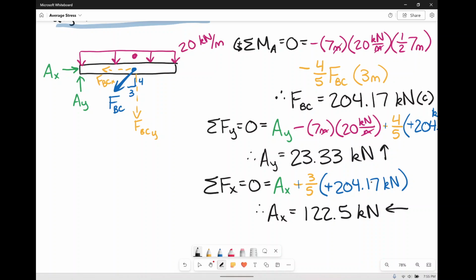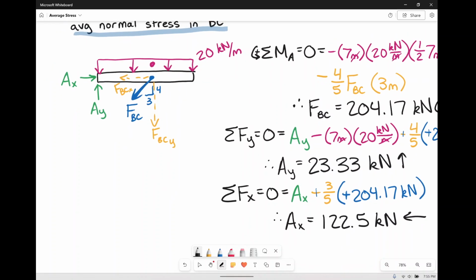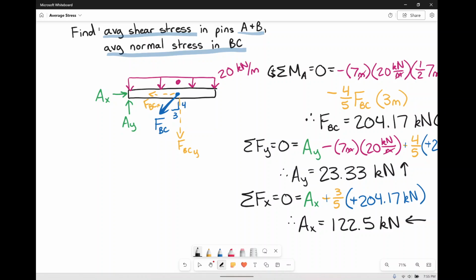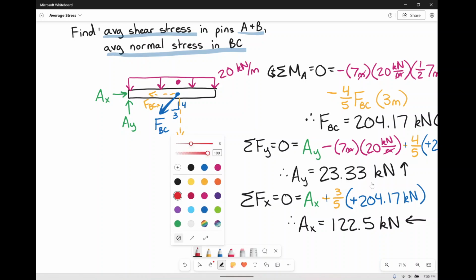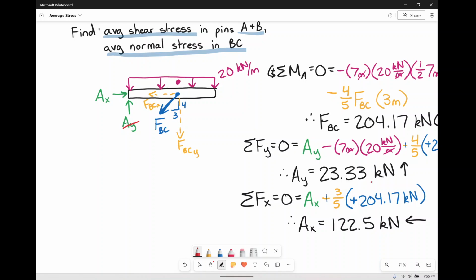So cool, we found that, right? Let's go through and update our values just to make our free body diagram a little bit easier. So our AX, let's do it in red pen over here. We're going to cross these out. AY, he's 23.33, and he is going up.